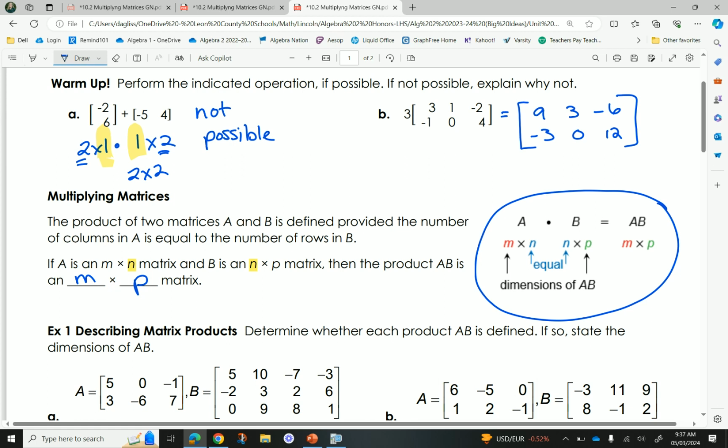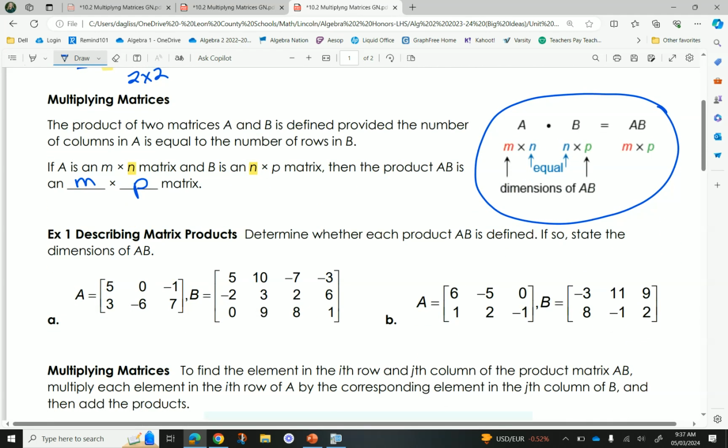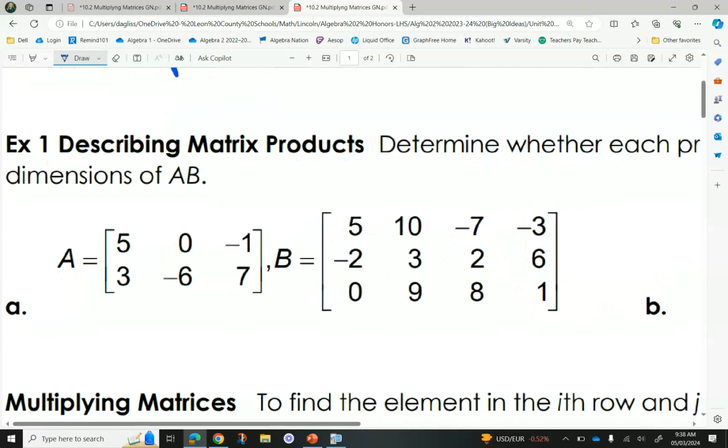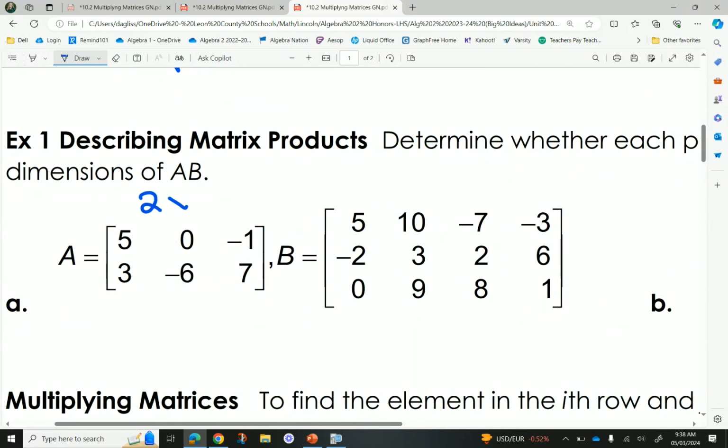Okay, so let's figure out, can I or can't I multiply before we actually start doing it? Our first example: what are the dimensions of matrix A right here? Good, we have 2 rows and 3 columns. Can I multiply that with matrix B? What are the dimensions of matrix B? Good, 3 rows, 4 columns. So can we multiply? We look right here. Yes, we can.